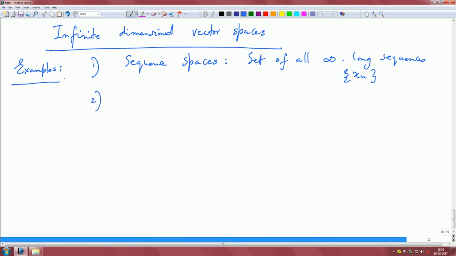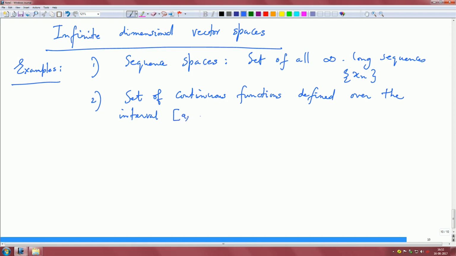The other possibility is the set of continuous functions defined over the interval a comma b.